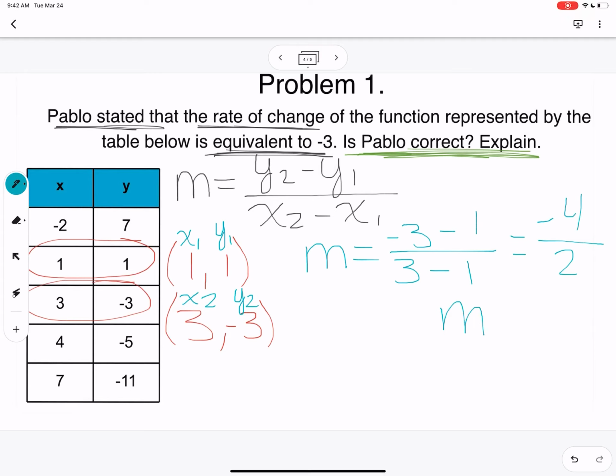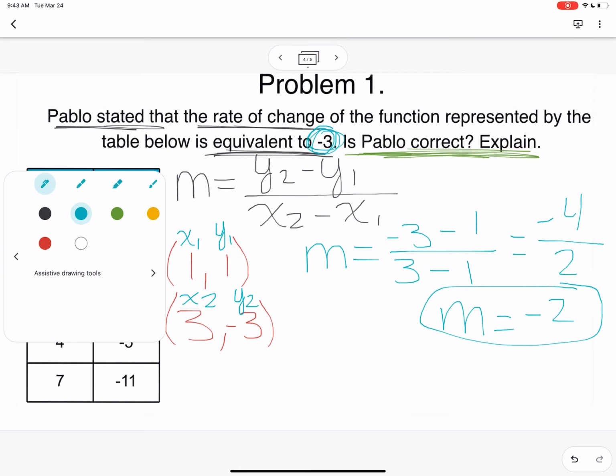So I have m equals -4 divided by 2, which is -2. So the rate of change of the table is actually -2. However, Pablo stated that he believes the rate of change is -3. So Pablo is not correct.